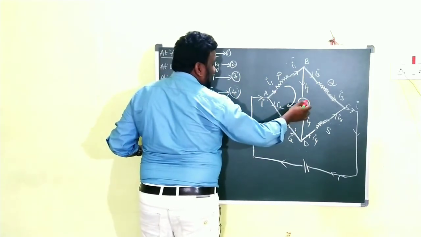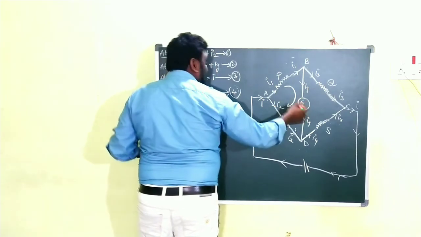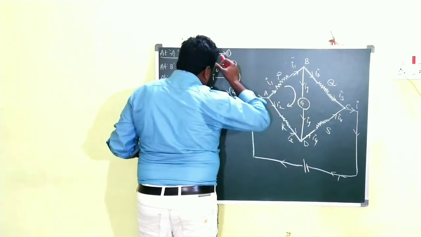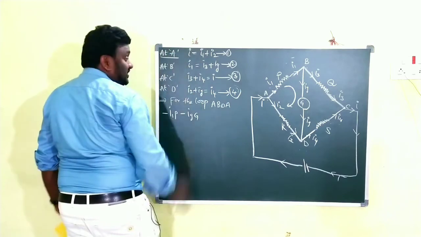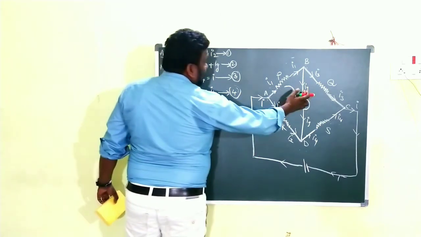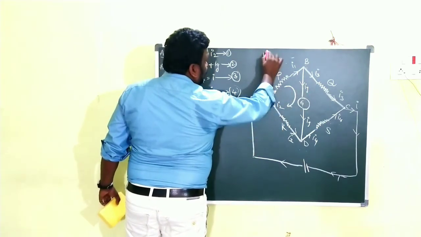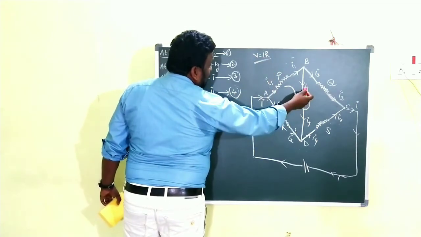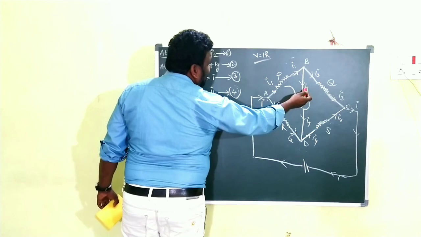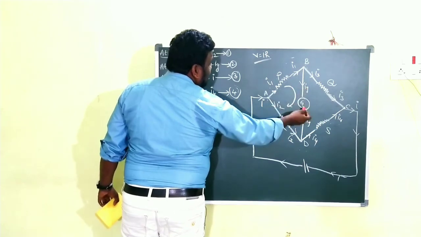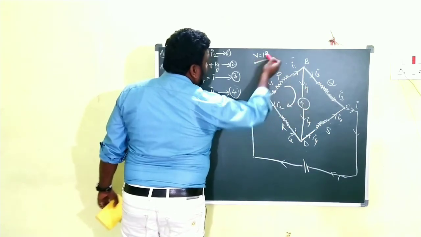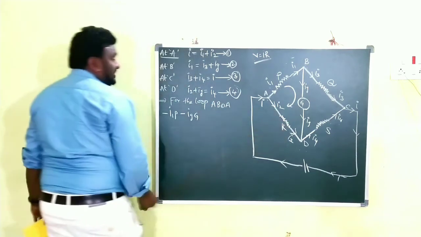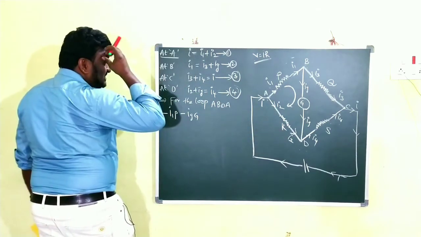G is the resistance of the galvanometer. Product of current into resistance, V is equal to IR. Current is Ig, the amount of current passed through the galvanometer, and G is the resistance. Product of these two gives the potential, minus Ig G.